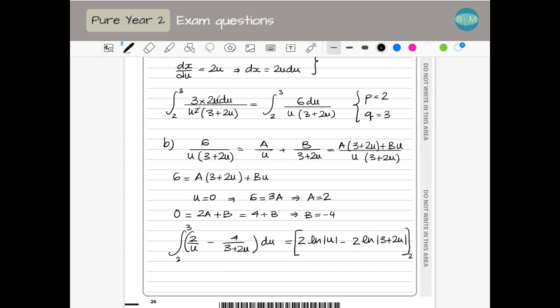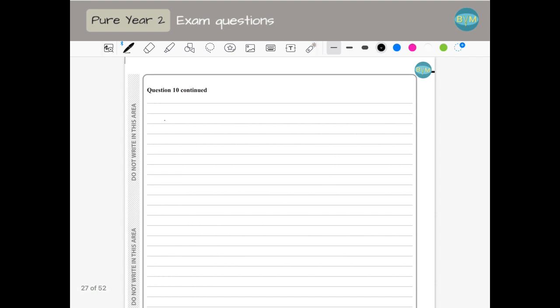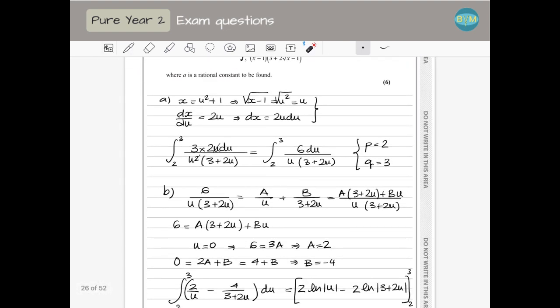So what I'm going to do now is substitute by 3 and then substitute by 2. When I substitute by 3, I have 2 ln 3, minus 2 ln of, when u is 3, 3 times 2, 6 plus 3, 9, so 2 ln 9.